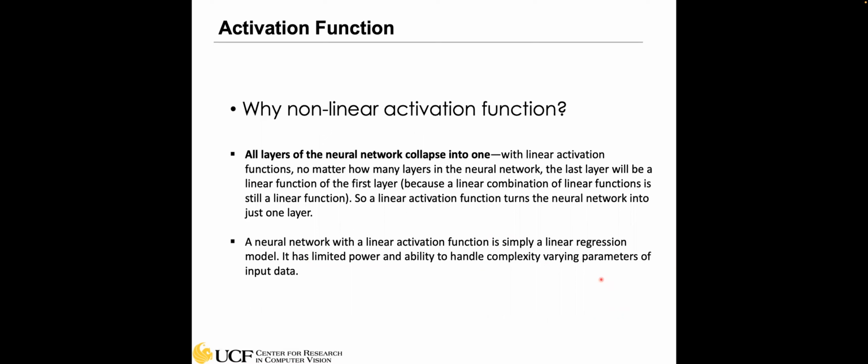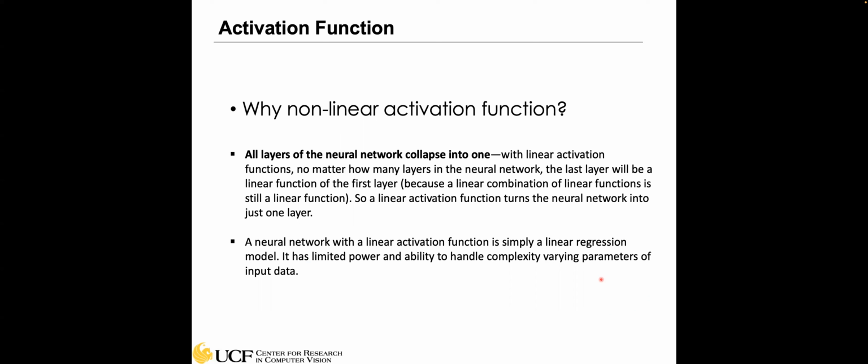If we don't use the nonlinear activation function, and we're just using the linear activation function, although we have many hidden layers, no matter how many hidden layers you have, essentially that collapses into just a single linear layer. Your model is nothing but a simple linear regression model.